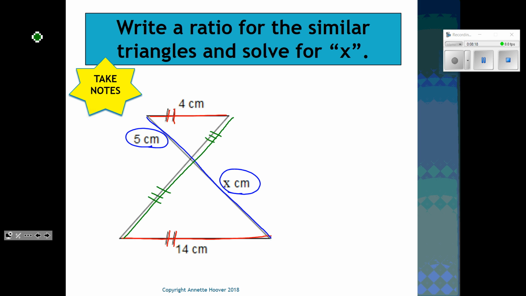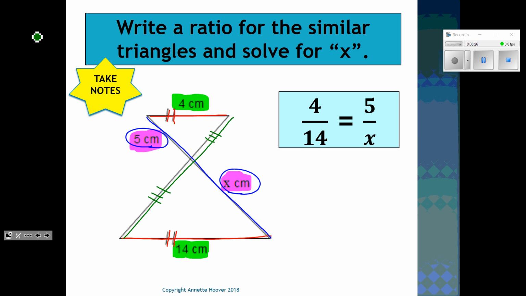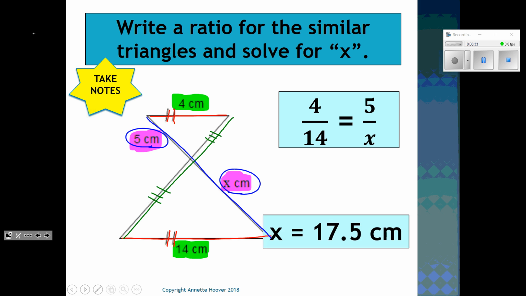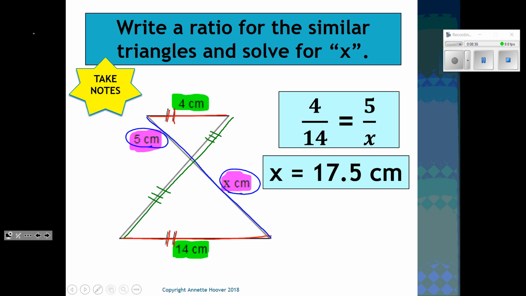So you just draw the straight line and you know which side is similar to the other. So when setting this up, we have the two bases and we have the two sides, and we could set it up with the bases 4 to 14, and then the two sides 5 to x. And then when we use our proportions, it is 17.5 centimeters after we multiply 14 times 5 and divide by 4.